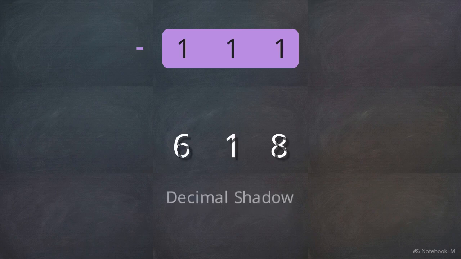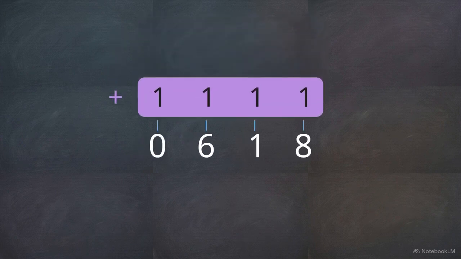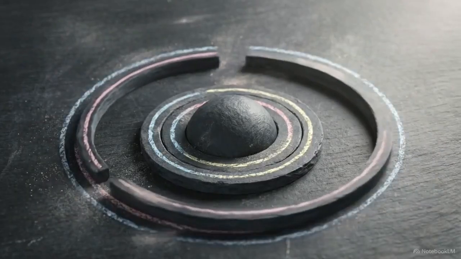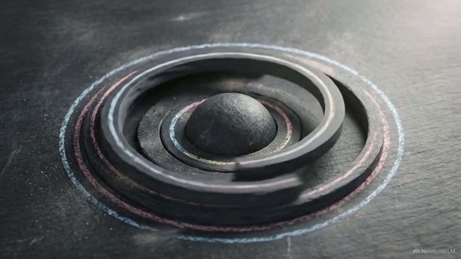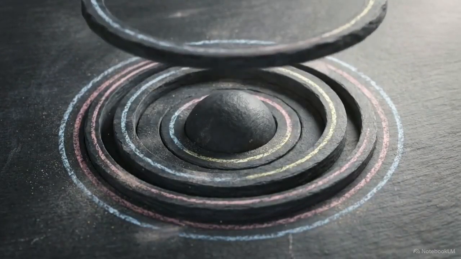We define the resulting number as a decimal shadow. This mechanism explains why adding the four-digit shell 1111 to 0618 results in 1729. Repunits provide a canonical mechanism for adding or removing uniform boundary layers in base 10 while preserving the underlying digit relationships.